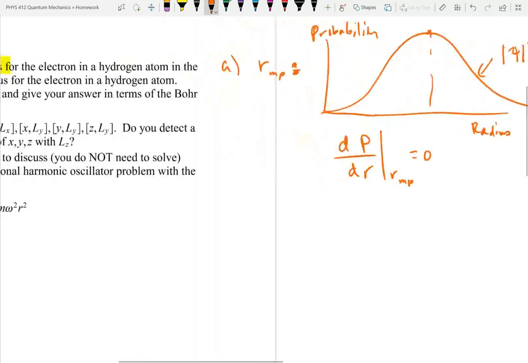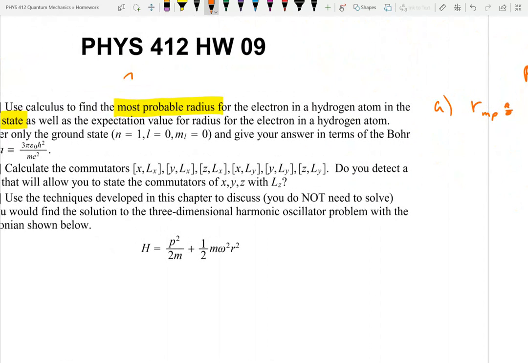Now this is the ground state. So for the ground state, psi 100 equals, and you can look in your textbook. Your textbook gives you psi 100 as well as many other psis. Psi 100, by the way, is very simple.